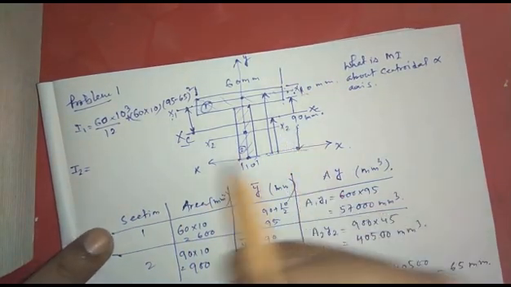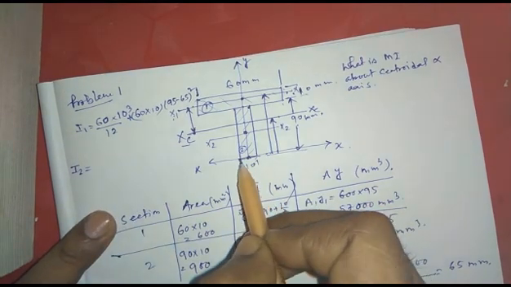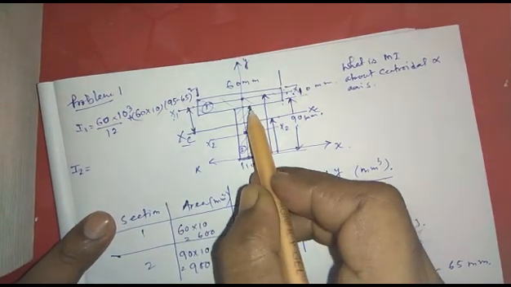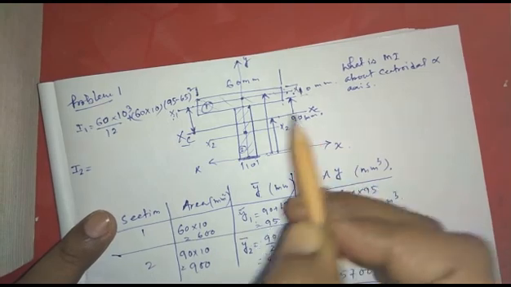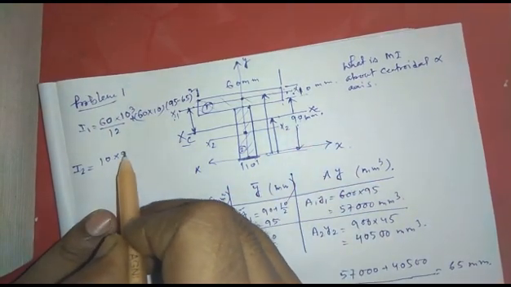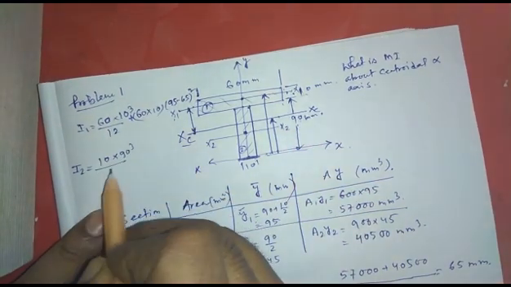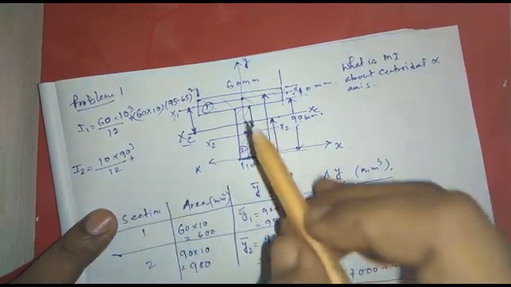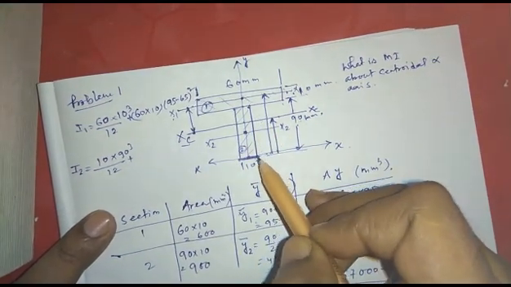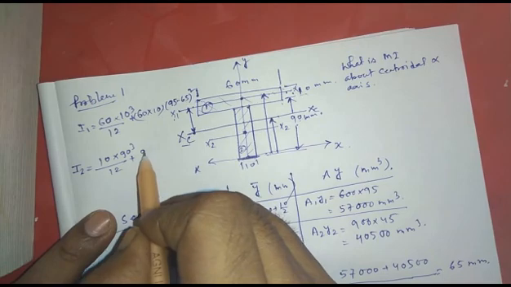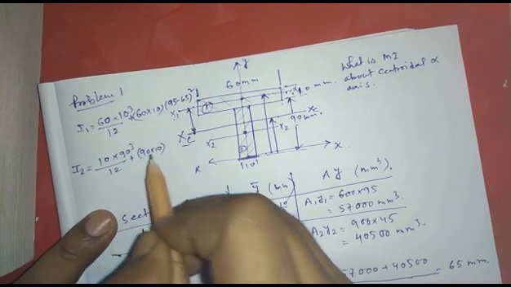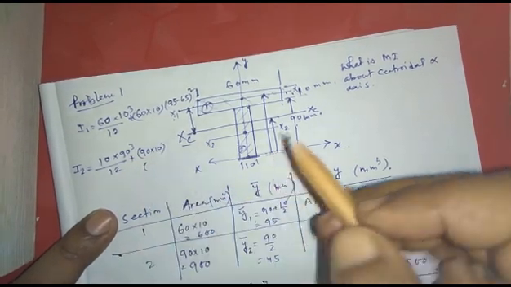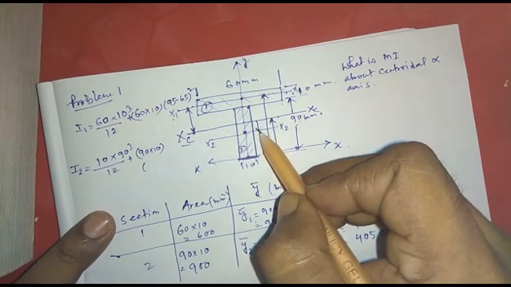So that is b h cubed by 12, with b as 90 and h as 10, plus the area of this rectangle. The area is 90 into 10, into the square of the distance between these two axes.